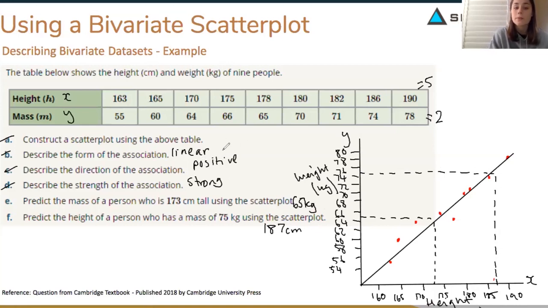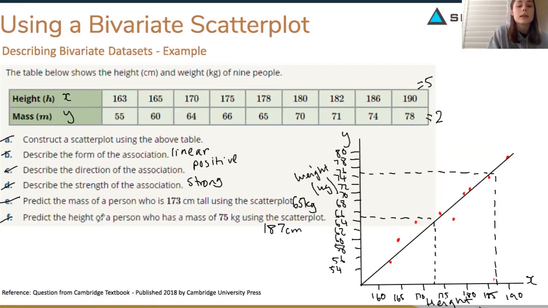strength. It's how you draw a scatter plot. If you remember back from our first video, you have your y and x axes, you write your scale on, you put in your titles, put on your points. You can draw a line through the points if you want. And then for E and F, you go across to the value they give you. So they gave us 173, so we go across to 173, and then we went up to where we met the line, and then we went across to get the height, or I mean the weight or the mass.